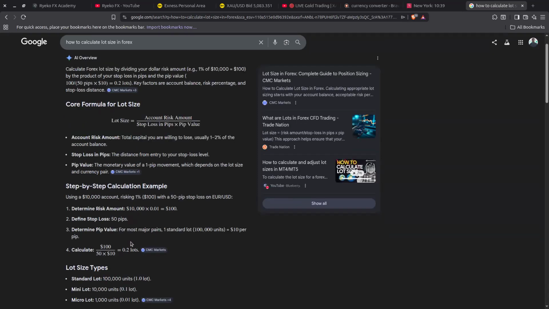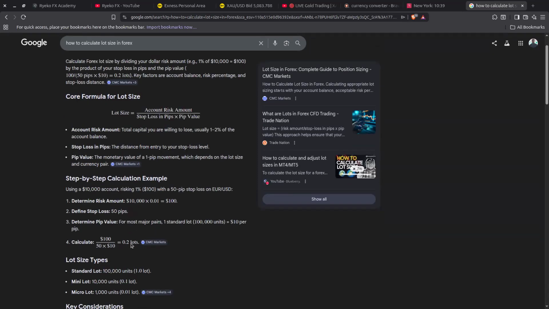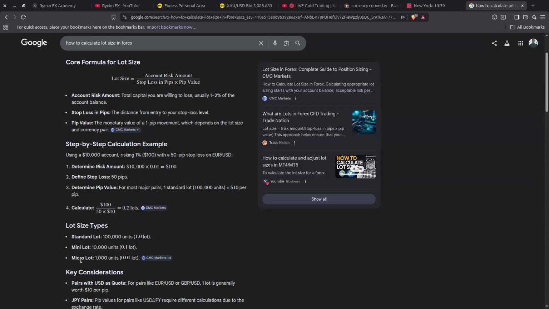The standard lot sizes, all these recommendations are there. If you have a micro account, you can do like 0.01. If you have something like 10K, you can do 0.1.